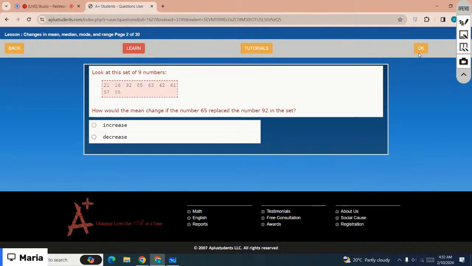Look at the set of 9 numbers. How would the mean change if the number 65 is replaced by the number 92 in the set, right? You're going to replace 65 with 92 in the data. So 92 is a greater number. If you add 92 to the numbers, the mean is obviously increasing.